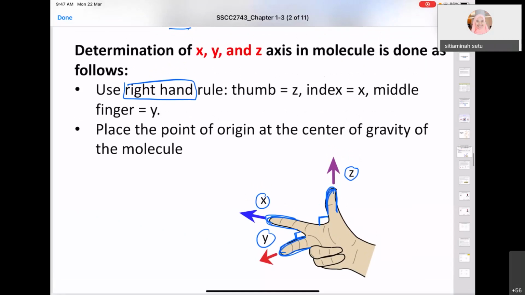So here: thumb is Z, index is X and middle finger is Y.